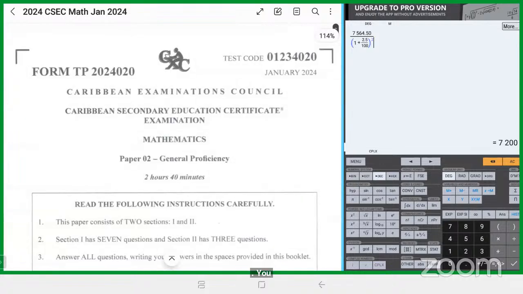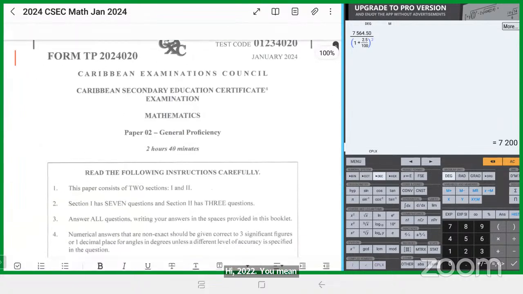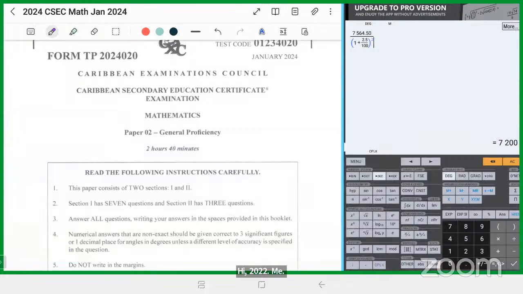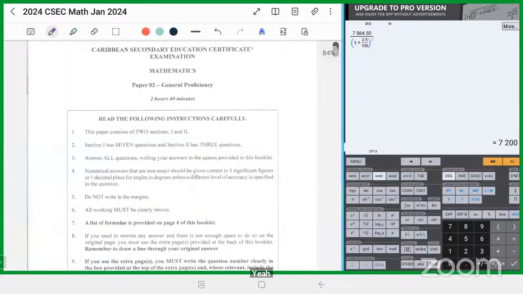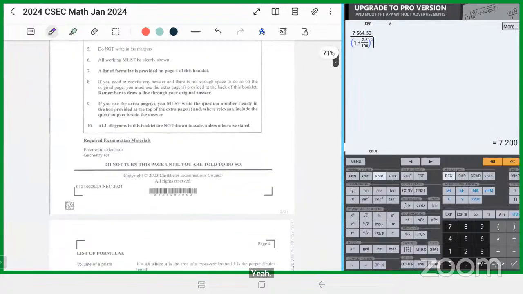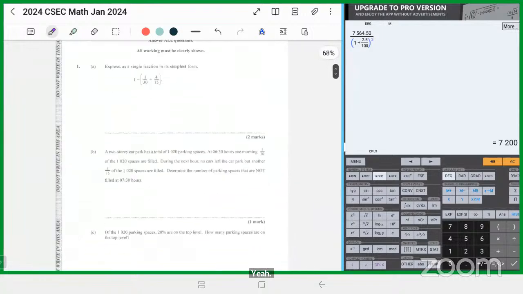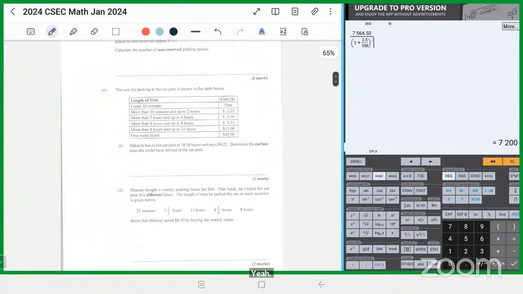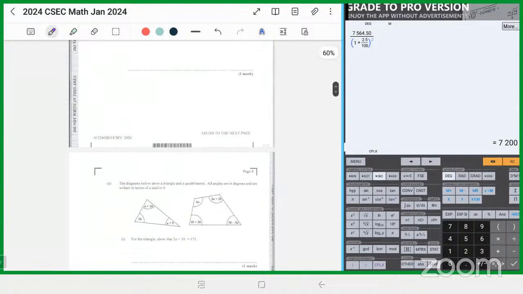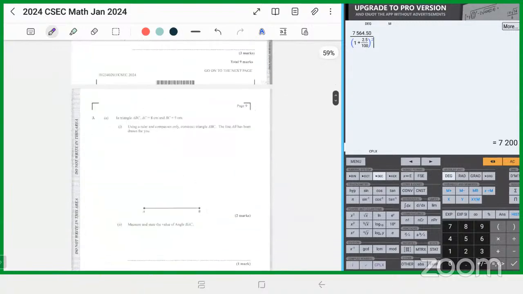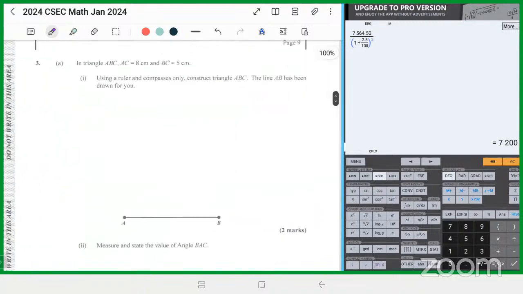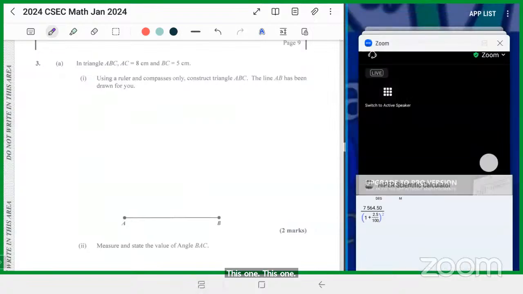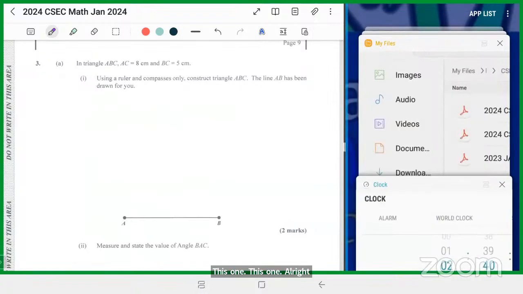Let's hold on. Yeah, after that. Construction. This one. This one. All right. Let's see.